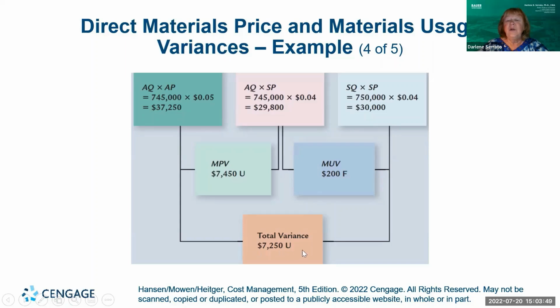So the total variance was $7,250. How much of that was due to prices? How much was due to the usage? Most of it was an unfavorable variance from prices paid, and some of it was reduced because we had a favorable usage variance.